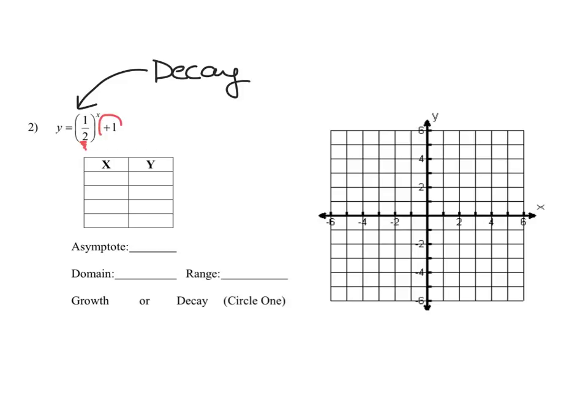Start with the asymptote. The asymptote is always going to be the number at the end of the equation. So this plus 1 is going to be your asymptote. That's going to be at y equals 1. There's a reason why it's y equals, and that's because this is an exponential problem.